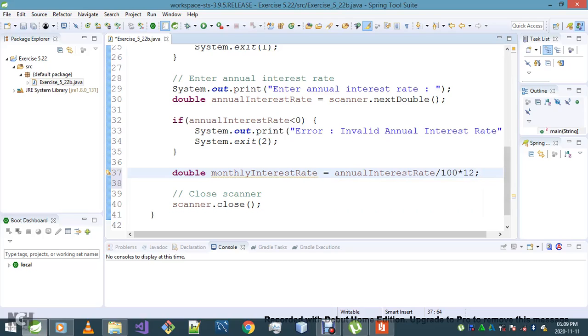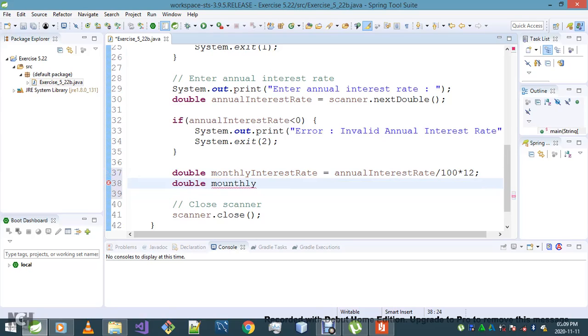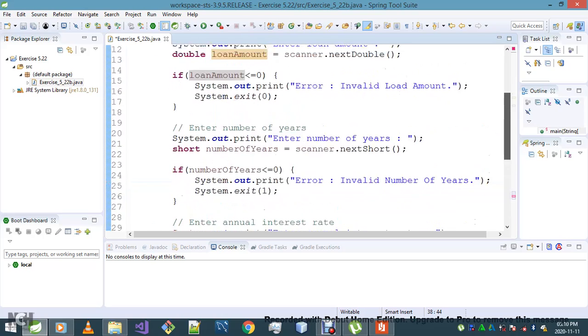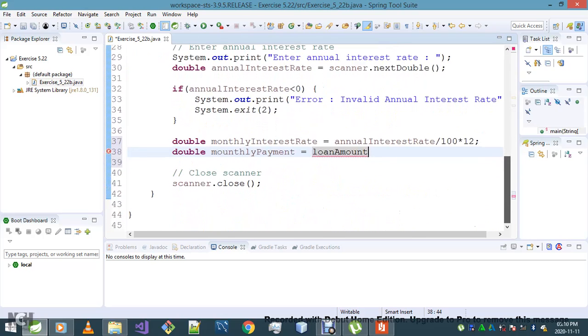Now that I've got that, what I'll then do is to compute the monthly payment. Luckily for us, the formula for this was given to us in our textbook, and to be honest, even myself, I don't quite understand how they went about coming up with it. But it doesn't matter.